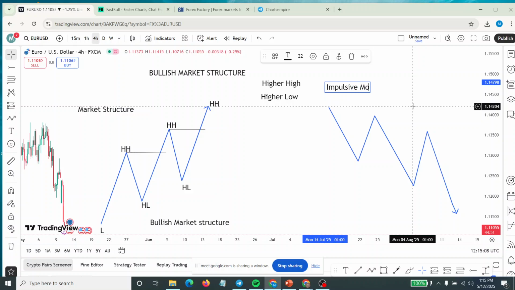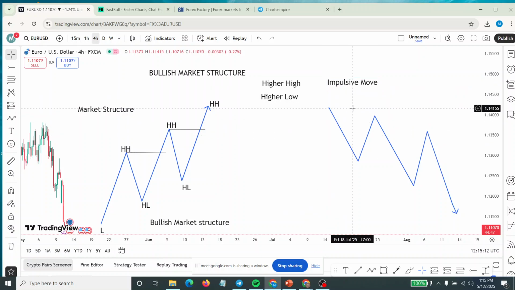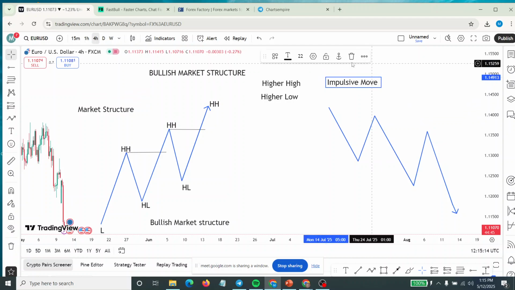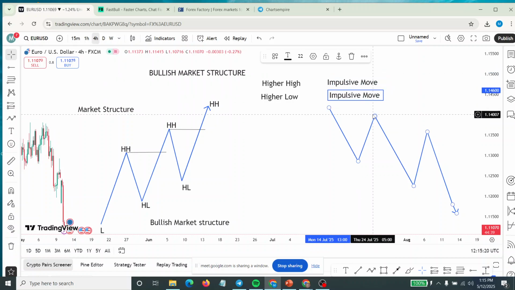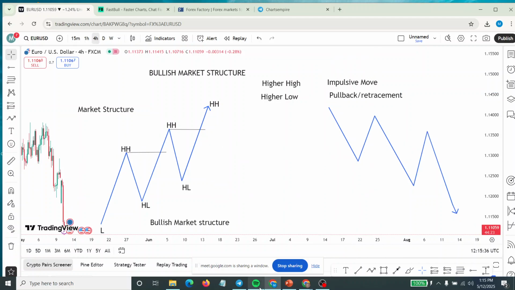And our higher low will serve as a pullback for continuation. Our higher low will serve as a pullback or retracement, because it's still the same thing, pullback or retracement.